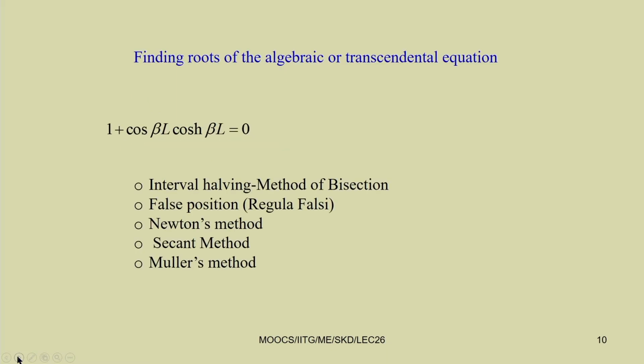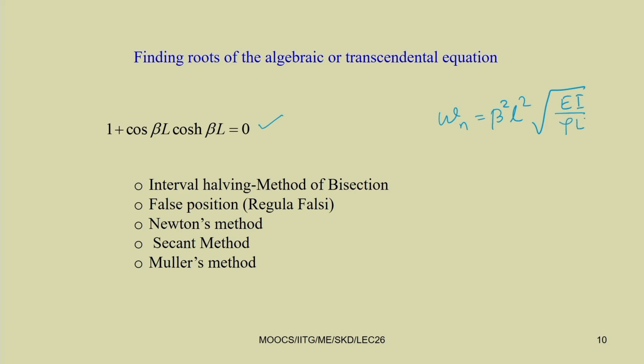Now let us see, if we have an equation, for example, this equation you can solve to find the value of beta L, where beta L is the characteristic constant which is related to the natural frequency of the system in this way: omega n equal to beta square L square root over E I by rho L fourth.